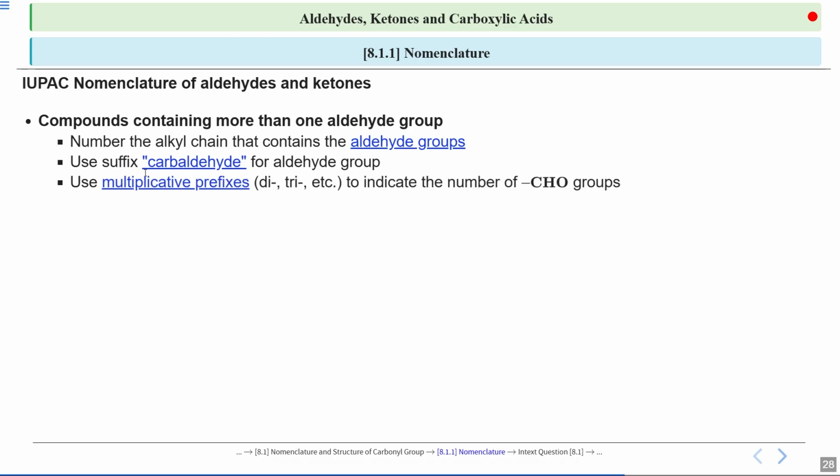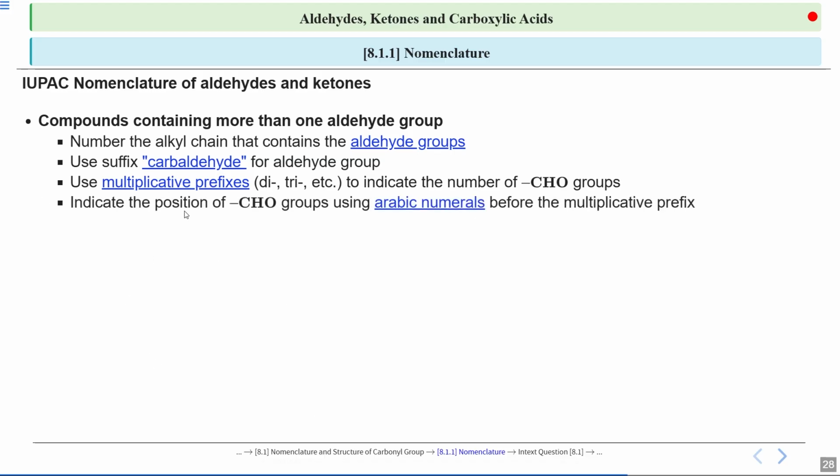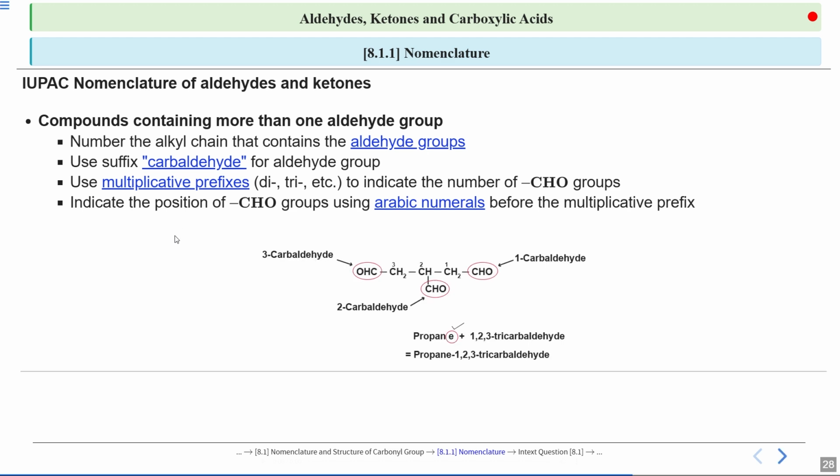Use multiplicative prefixes like di, tri, etc. to indicate the number of CHO groups. So if 2 CHO groups are present, you will use the word di. If 3 are present, then tri. Okay. So see the example. Indicate the position of the CHO groups using Arabic numerals before the multiplicative prefix. Now it will be more clear.